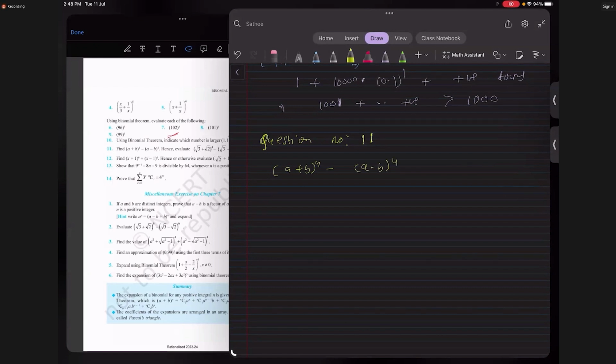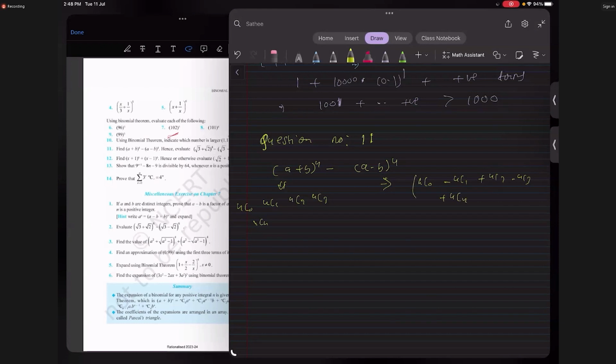If you quickly observe this, let's forget about the exponents and only think about the coefficients. The coefficients of the first would be 4C0, 4C1, 4C2, 4C3, and 4C4, and the coefficients of the second would be 4C0 minus 4C1 plus 4C2 minus 4C3 plus 4C4.